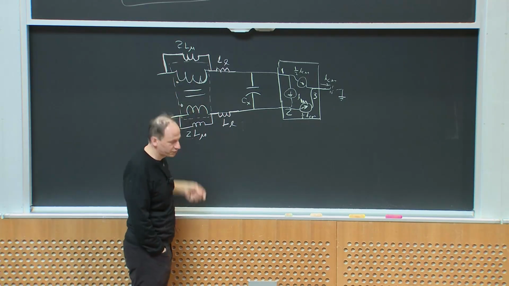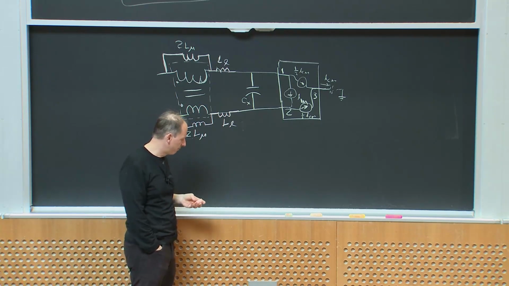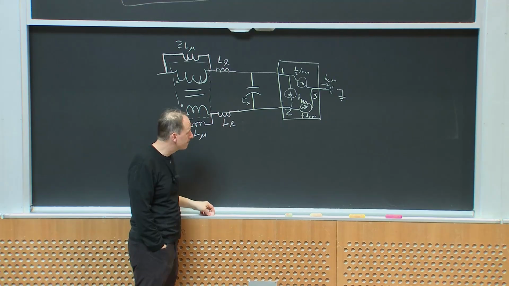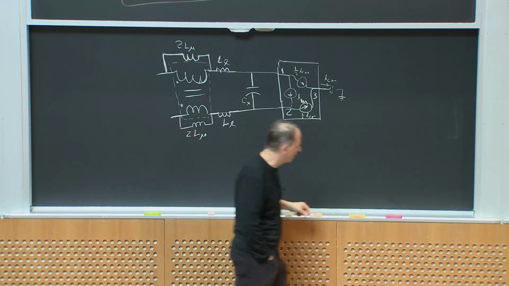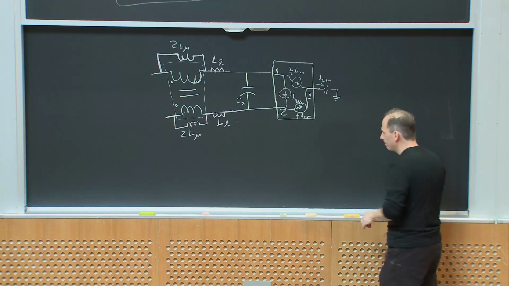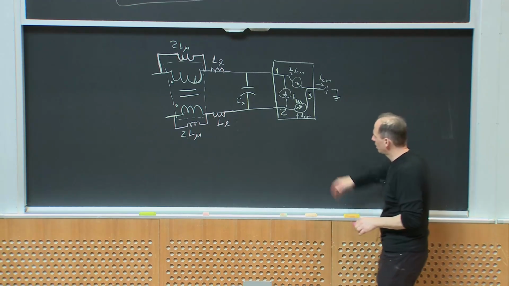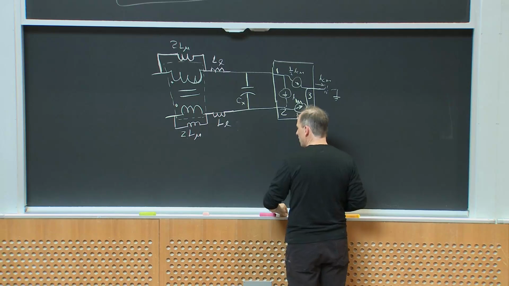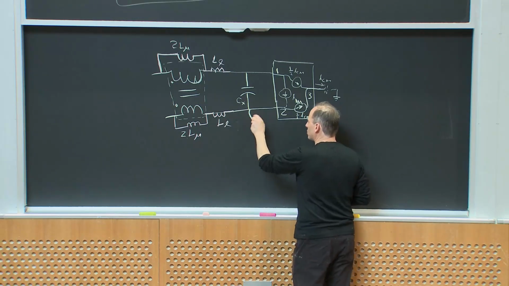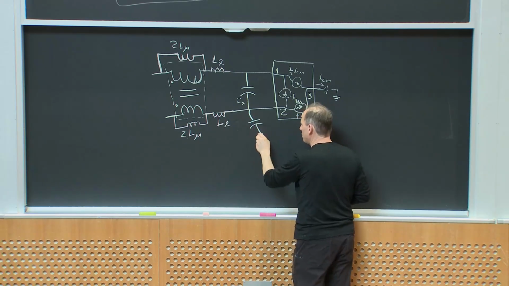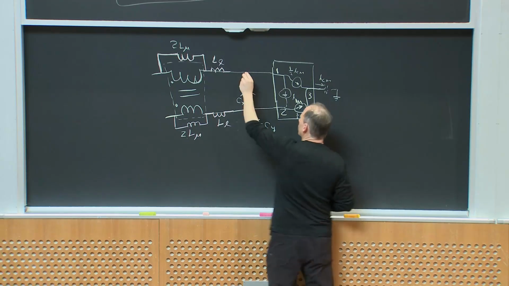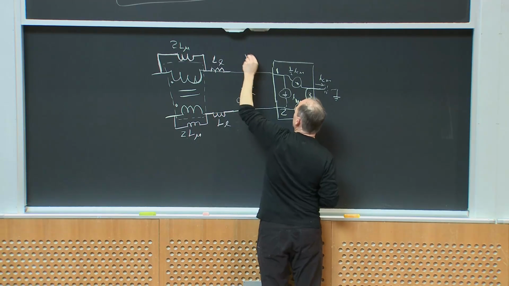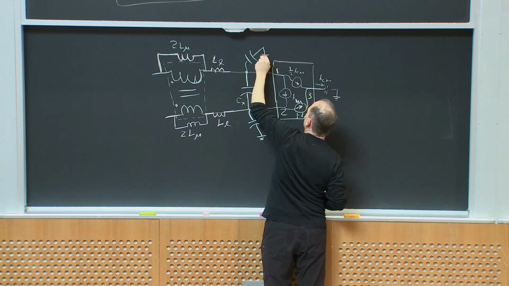That's inductive choking. What would I do to help filter these common mode currents? Maybe what I would do is put in a capacitor, and I'm going to call this CY to ground here, and another CY to ground here. Right?